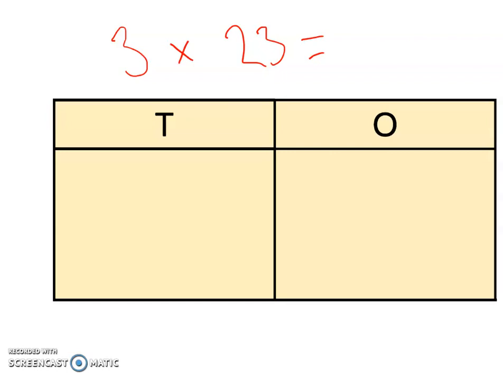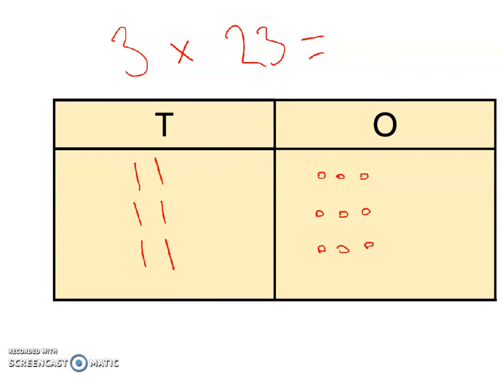I'm going to look at my first character and simply draw their 23. So that's 2 10s and 1, 2, 3 1s. My second person has 2 10s, 1, 2, 3 1s. My third person, 2 10s and 1, 2, 3 1s.